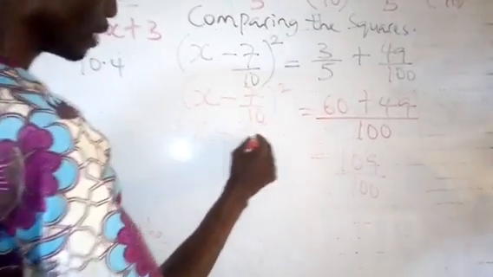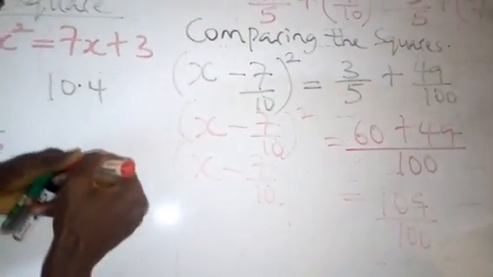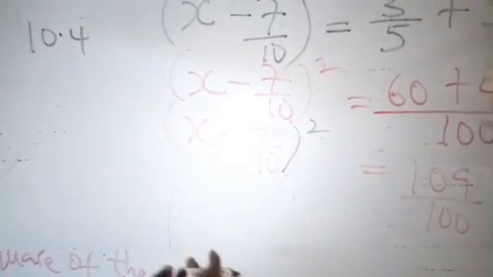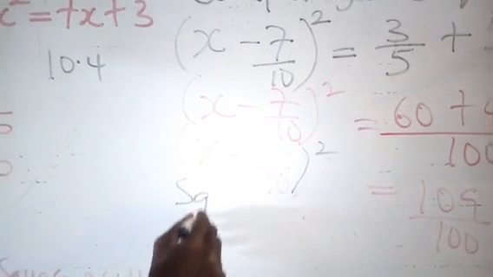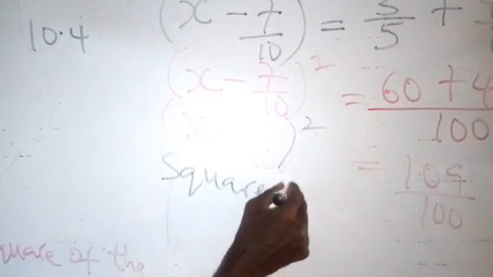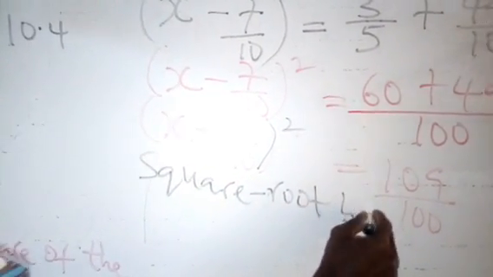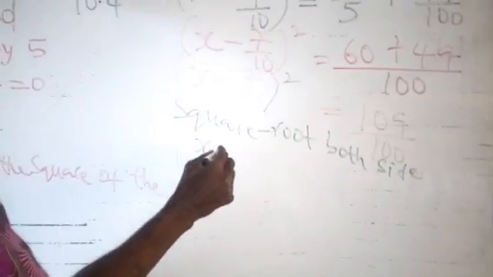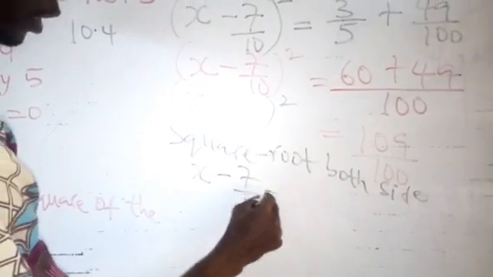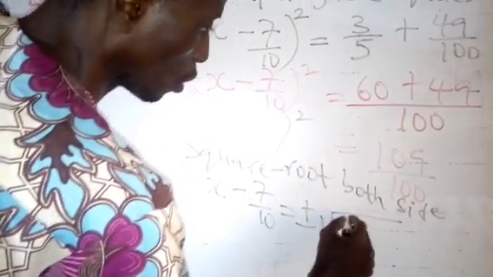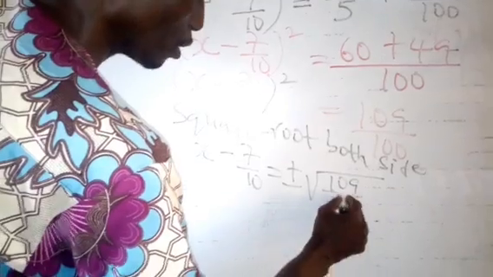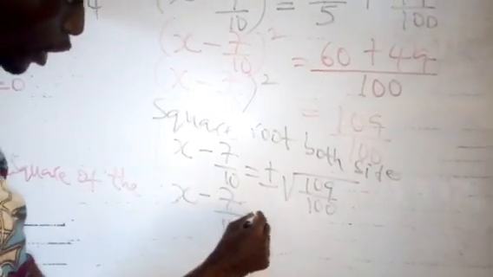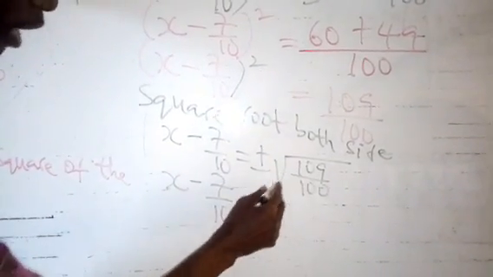X minus 7 over 10, then we are going to look for the square root of both sides. That will now be x minus 7 over 10 equals plus or minus square root of 109 over 100. That will be x equals 7 over 10 plus or minus, what is the square root of 109?